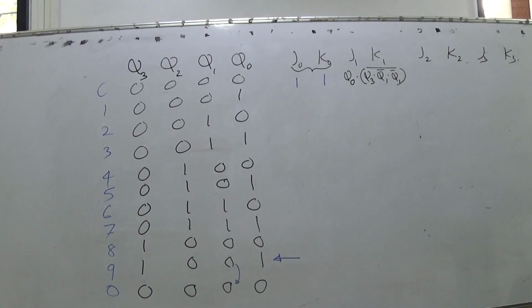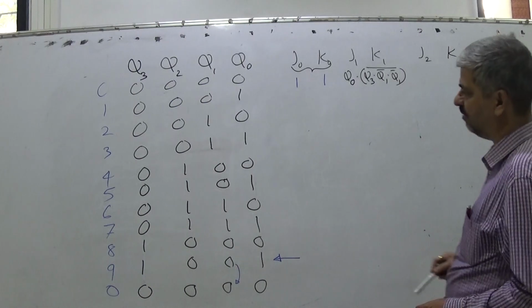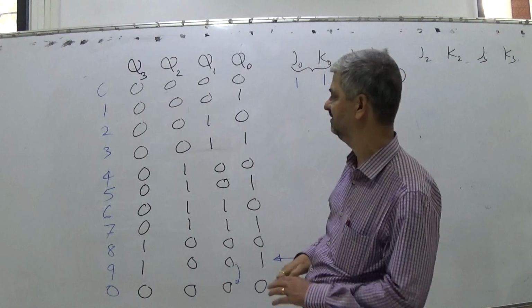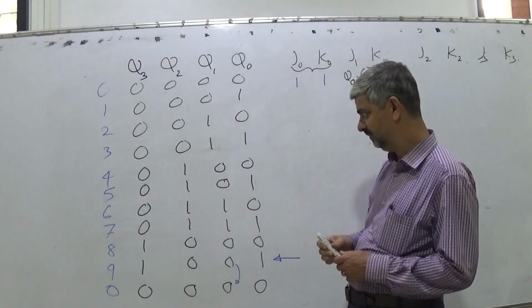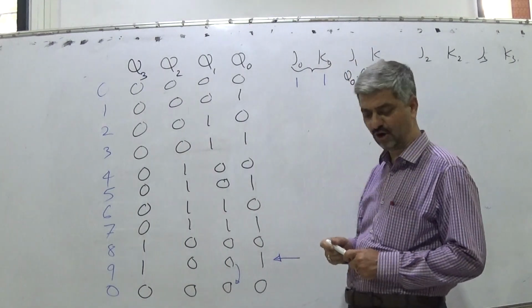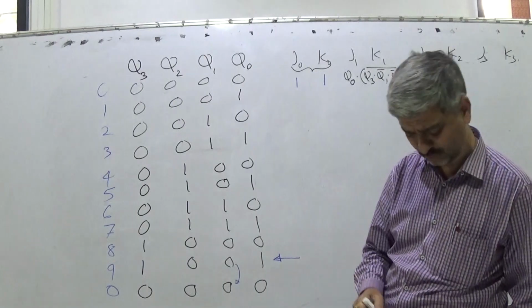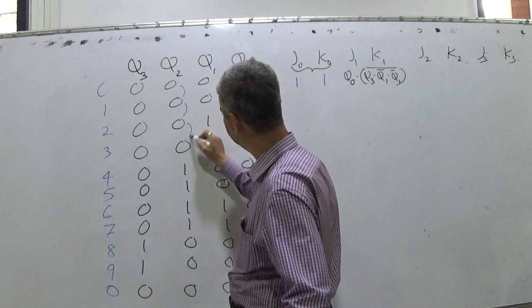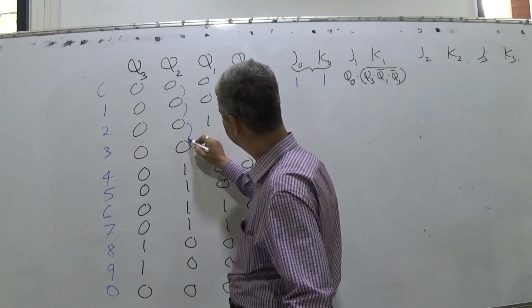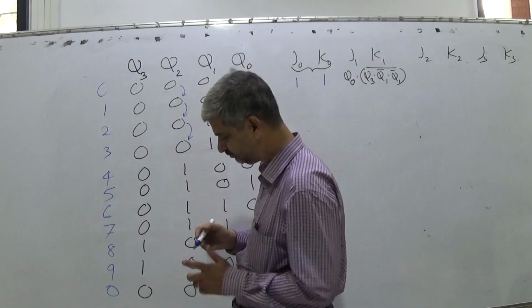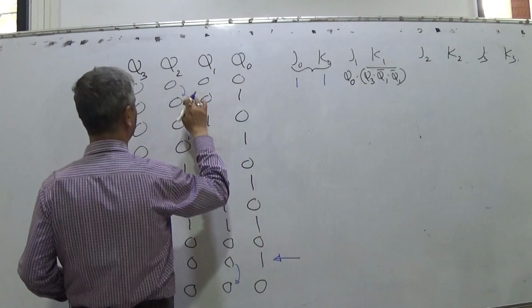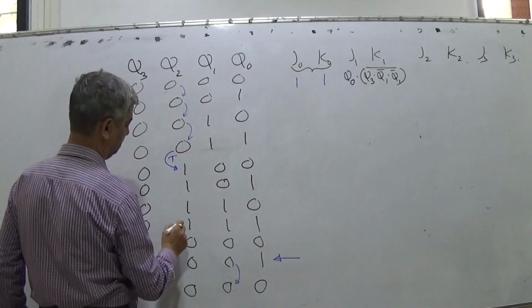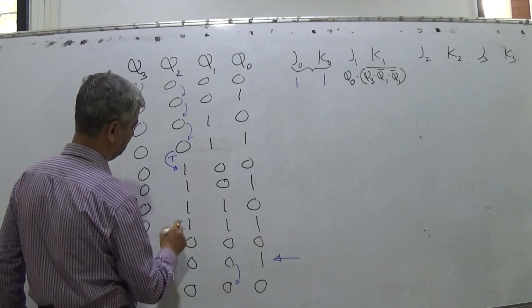We find that flip-flop number 2 toggles, and designing it is simple. You just verify, it continues, and here toggles, and here toggles.